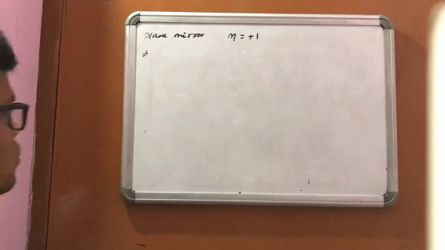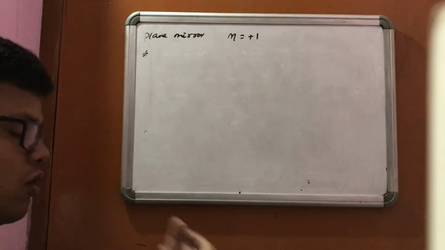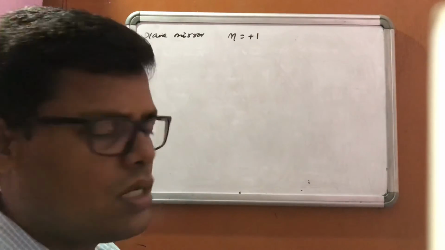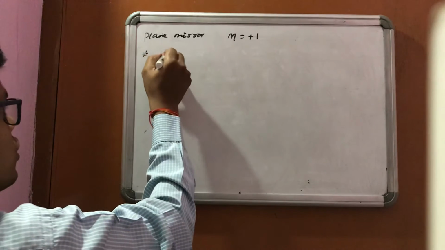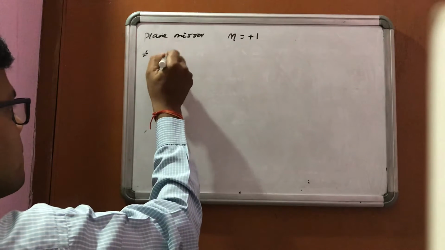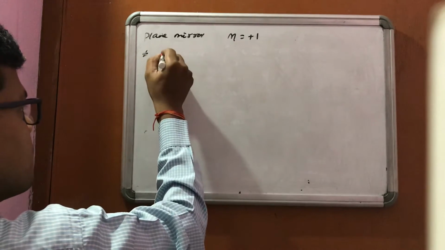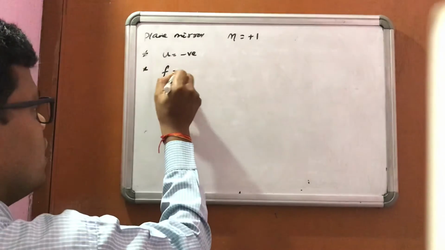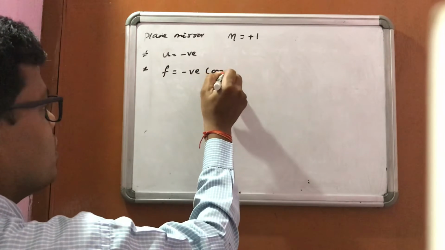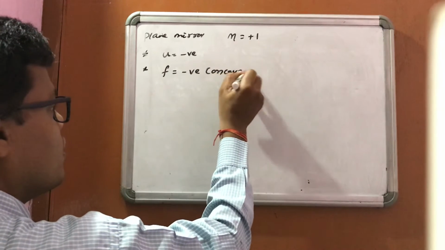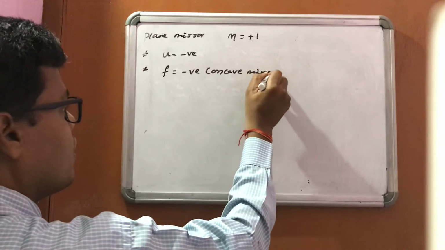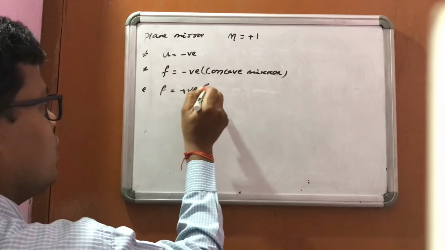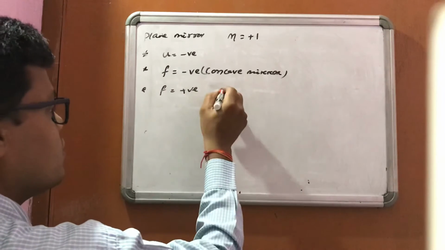So generally object distance is negative. In some cases it is positive, but it is not in the syllabus. And second thing, focal length is negative for a concave mirror and positive for a convex mirror.